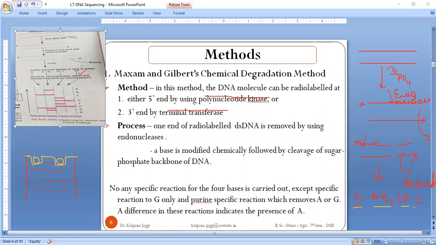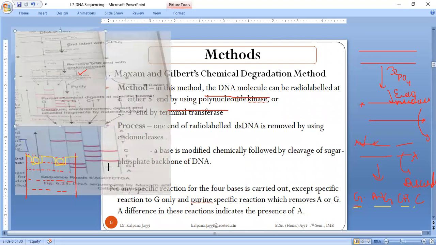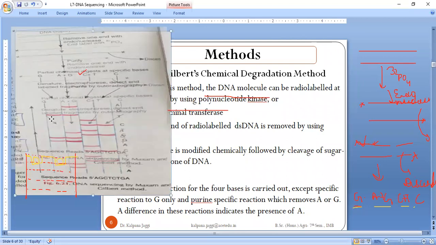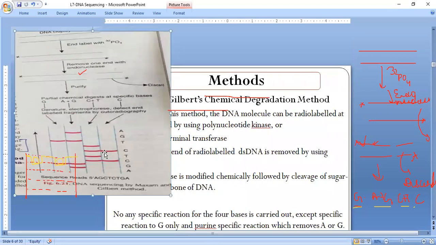After running under the effect of electric current, these are the bands that are formed, right? This is autoradiography. Now, we labeled, removed one end, purified this one, and discarded this one.